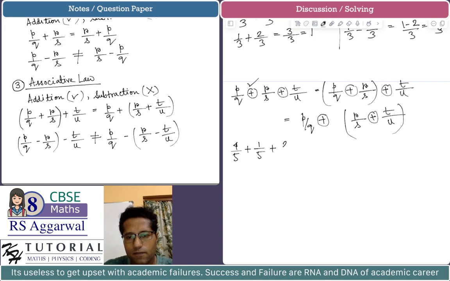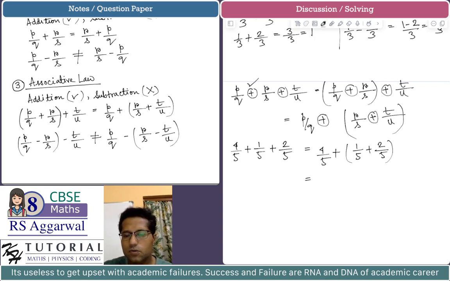If we have to find this, then we can use the associative law and do some grouping of the rational numbers and apply the addition like this. We can first do the addition of 1 by 5 and 2 by 5, and then with the result of this we add 4 by 5. So this basically means by association.